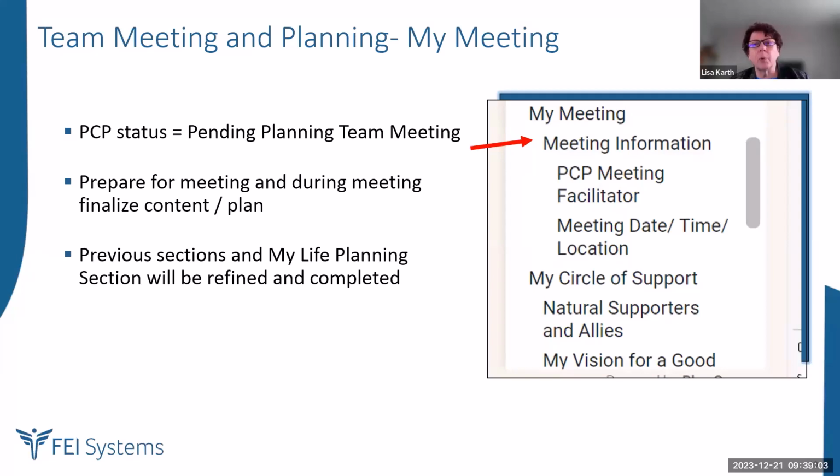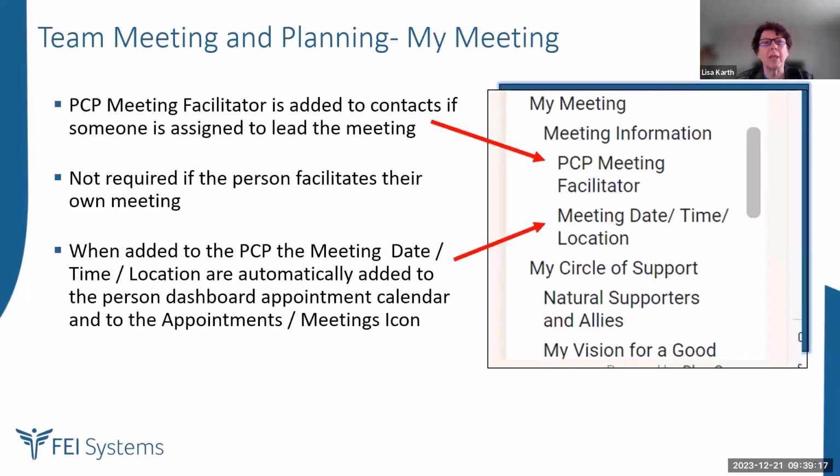My Circle of Support are meeting attendees, and this is populated from the person record, the record icon. And here you can see there is a section to add a meeting facilitator. Ideally, the person's going to do it, but they may want someone else to do it.